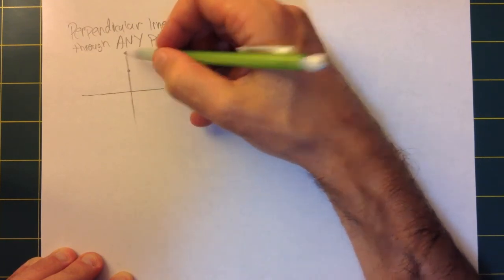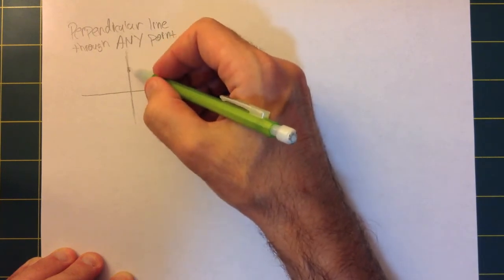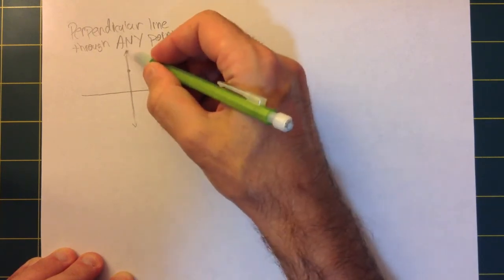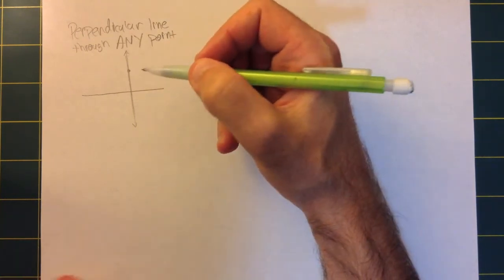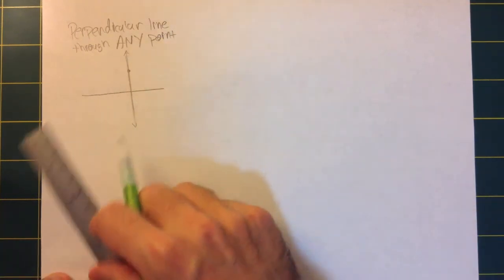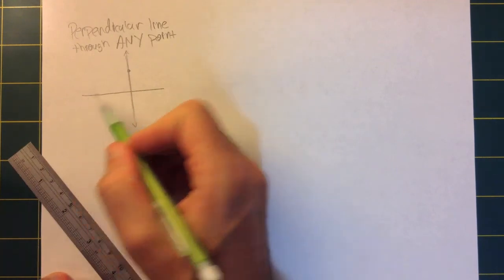Well, the way we can think about it is this line here is the perpendicular bisector to some other segment, to some shorter segment. Like you see how there's this extra distance here?